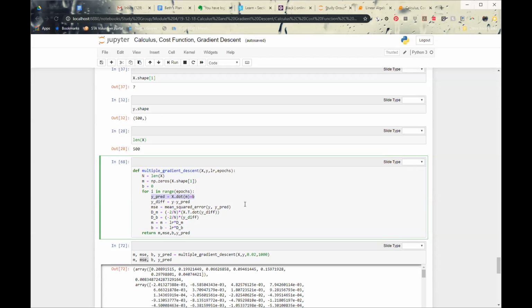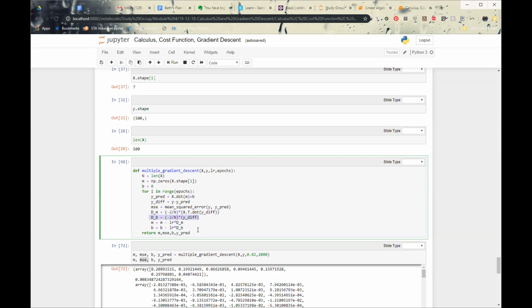And our y diff is the same as y minus y pred. And so our derivative, the one change we made is to remove the sum, because the dot function already does multiply and sum. And the derivative with respect to b doesn't change.